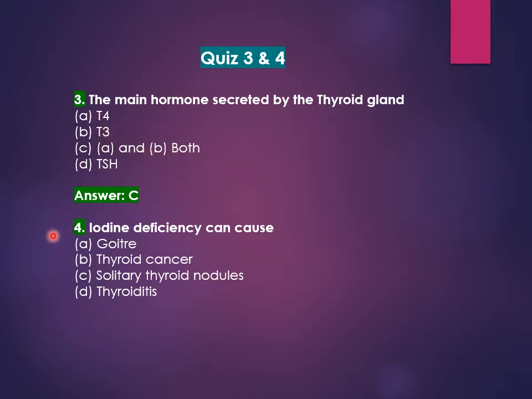Question number 4. Iodine deficiency can cause: A, goiter, B, thyroid cancer, C, solitary thyroid nodules, and D, thyroiditis. The right answer is A, goiter.